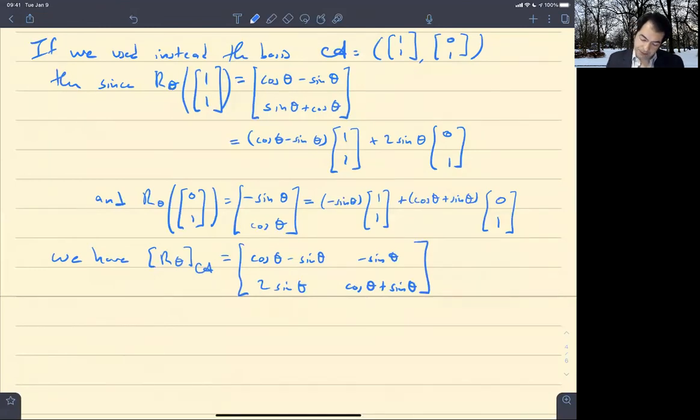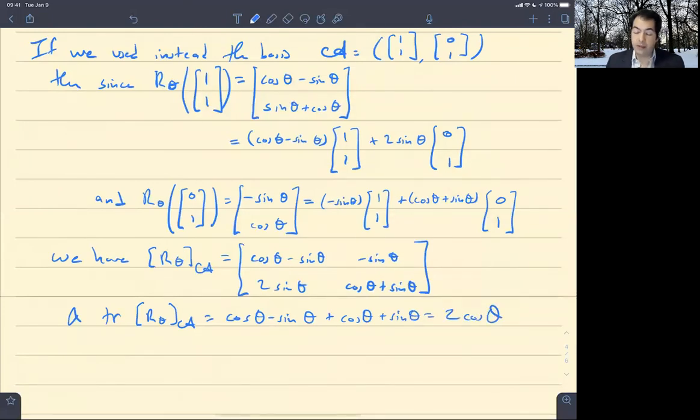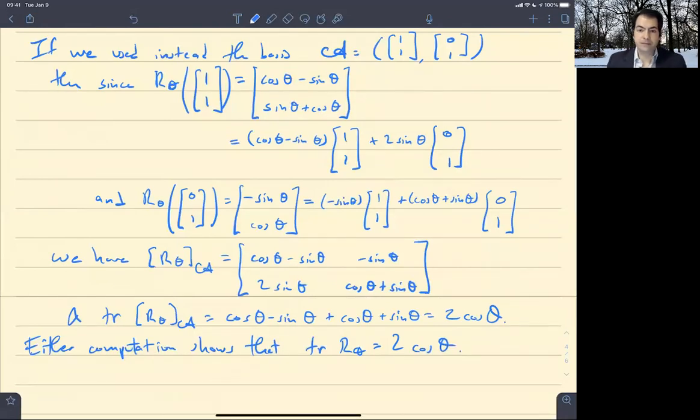And notice that the trace of this matrix is cosine theta minus sine theta plus cosine theta plus sine theta, so 2 times cosine theta, as it had to be because we had already computed this trace with the standard basis. So either computation shows that the trace of this linear map is 2 times cosine theta. Okay, and we'll stop there and pick it up next time.